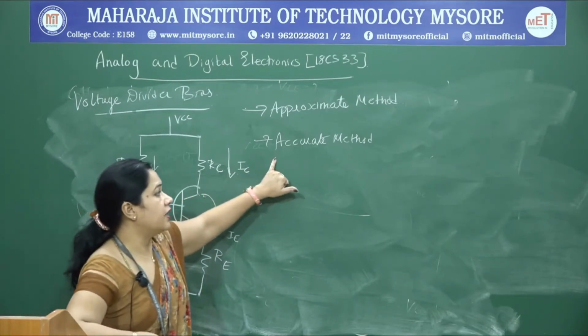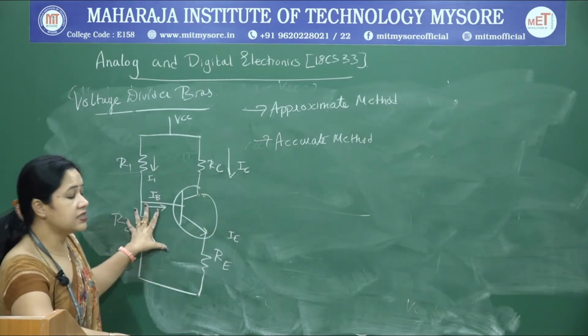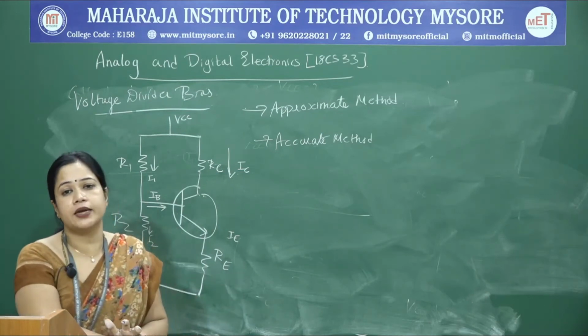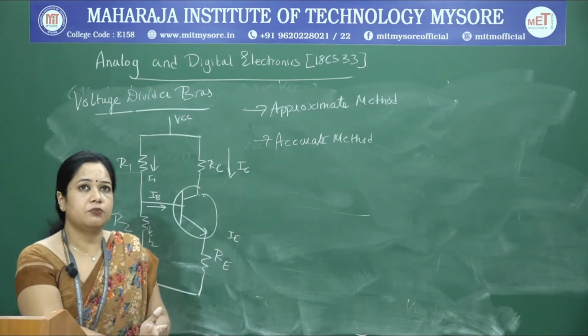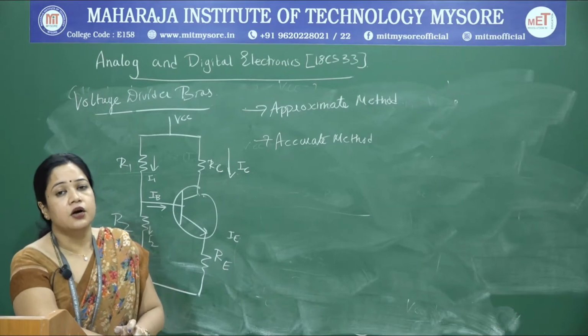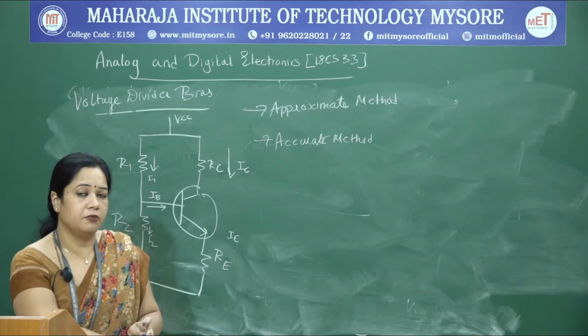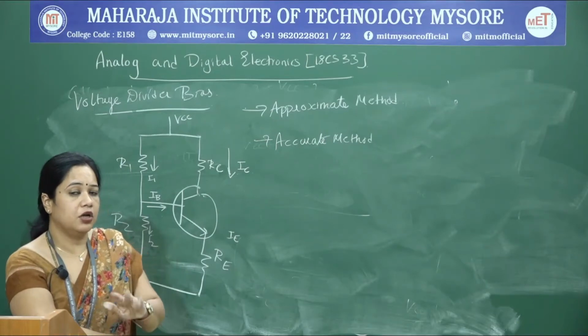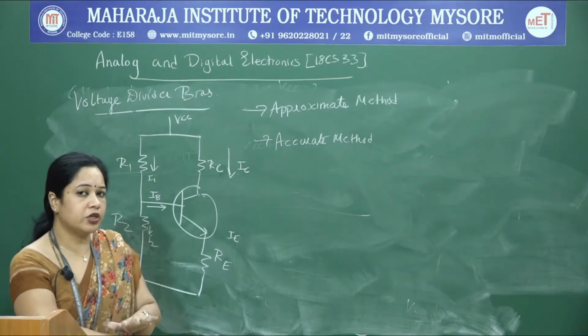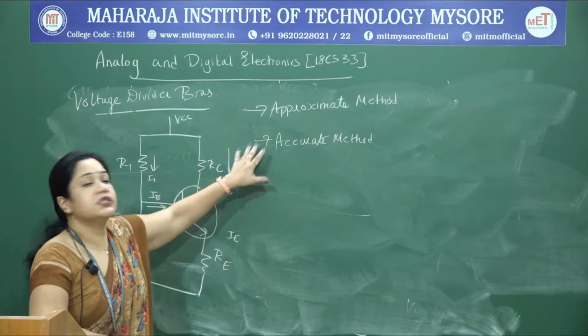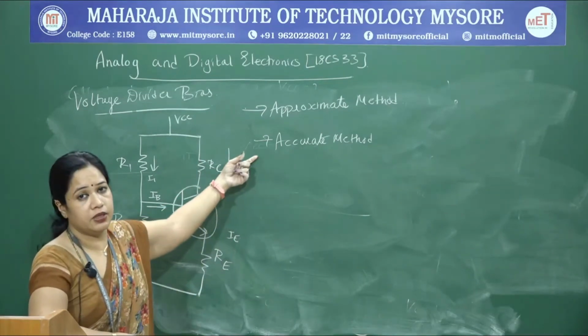And in the accurate method, we replace this circuit with a Thevenin's equivalent model. I am not sure if you have already studied Thevenin's theorem in your basic electricals. If you are not able to recall, no worry.